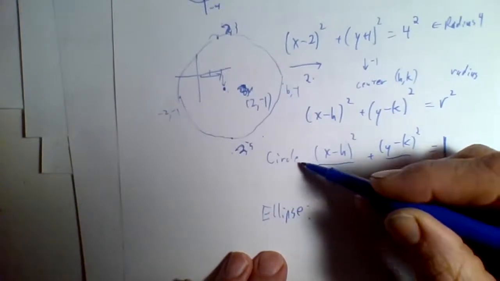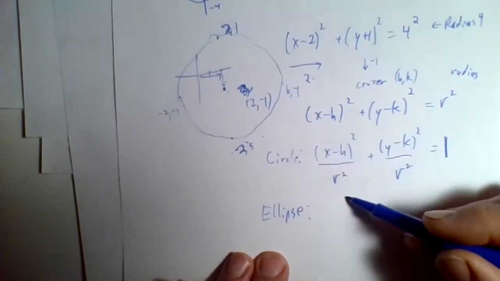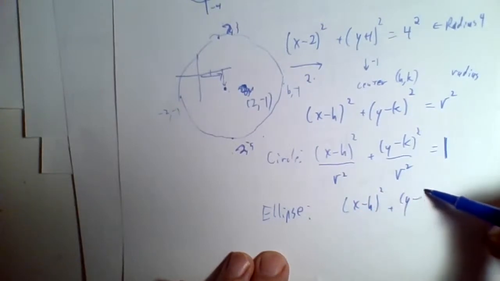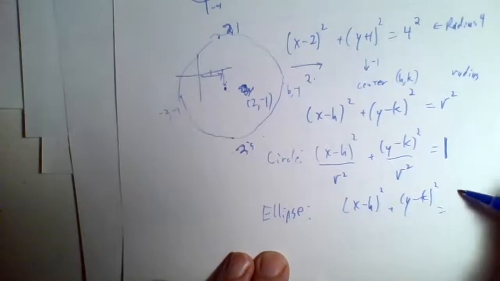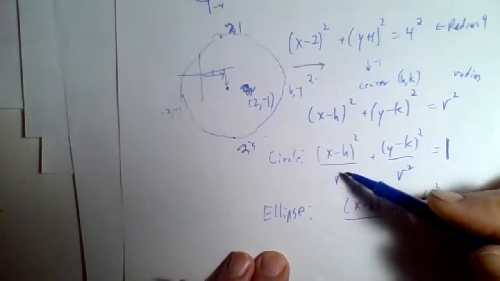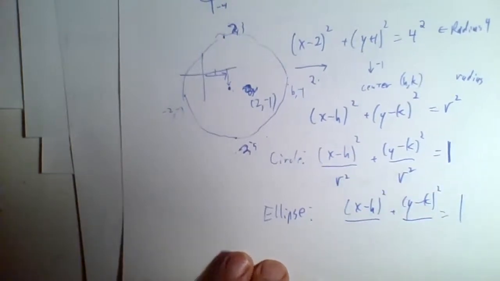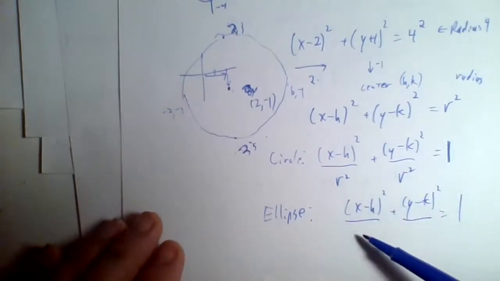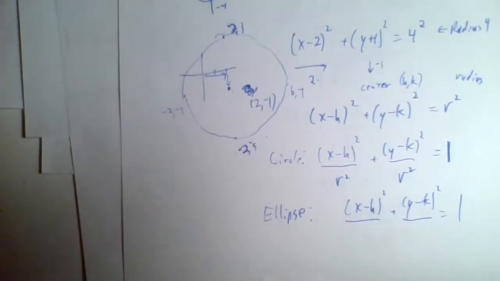An ellipse is going to be very much like that. We'll still have a center at h, k. But instead of having the same radius in all directions here, that was r going left and right, and that was r going up and down, we might have 2 different dimensions on that, like a bigger radius and a smaller radius.